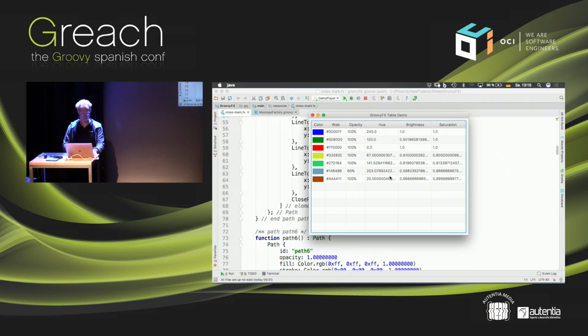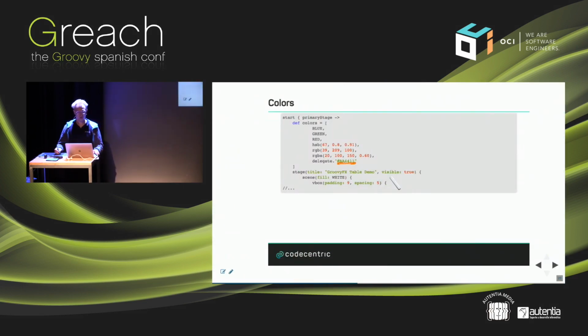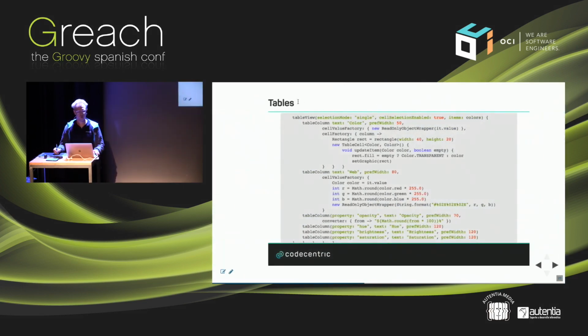To show that, I just define a table view with table columns. Let's start with the simple ones. For saturation, hue, and brightness, I can easily say, in my column, use the property saturation of the value of this row.